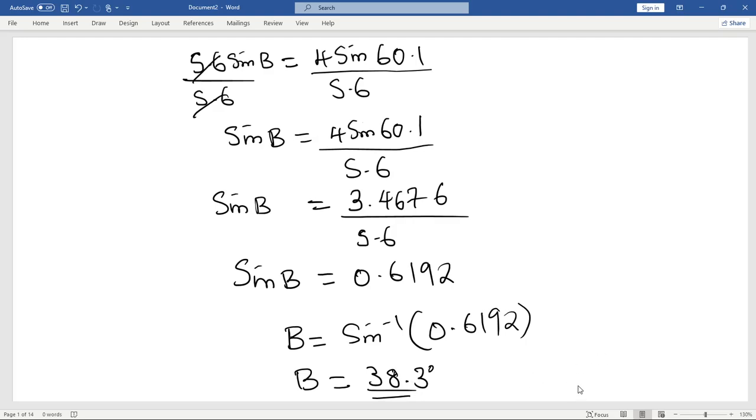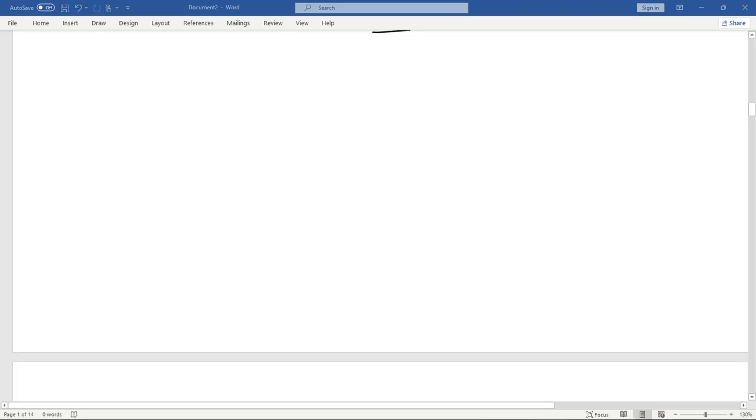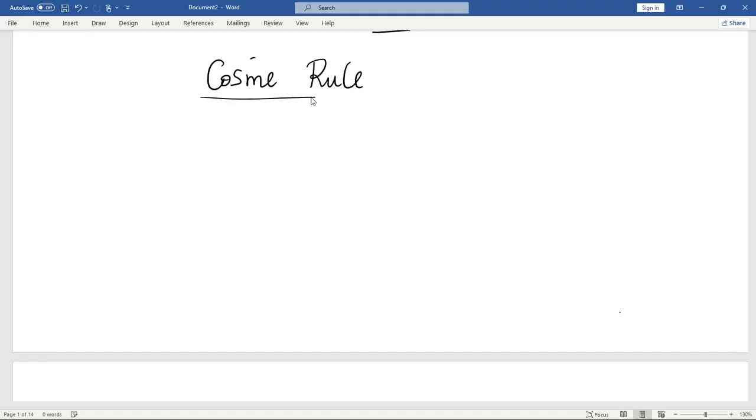Okay, let's talk about the cosine rule now. For the cosine rule, we use it when we are given information, usually two sides and the size of the angle between the two sides that are given.